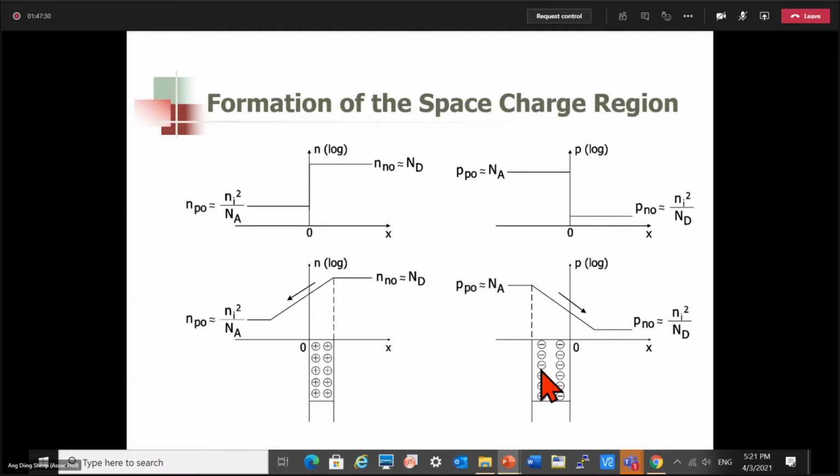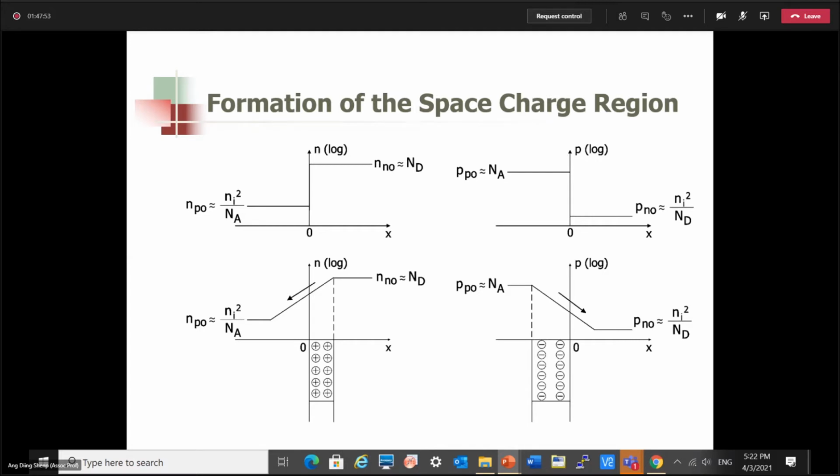So to keep the analysis simple, we neglect the electron concentration here. Strictly speaking, the electrons will contribute a negative charge in this space charge region, but we neglect that. Oh, okay. Thank you.